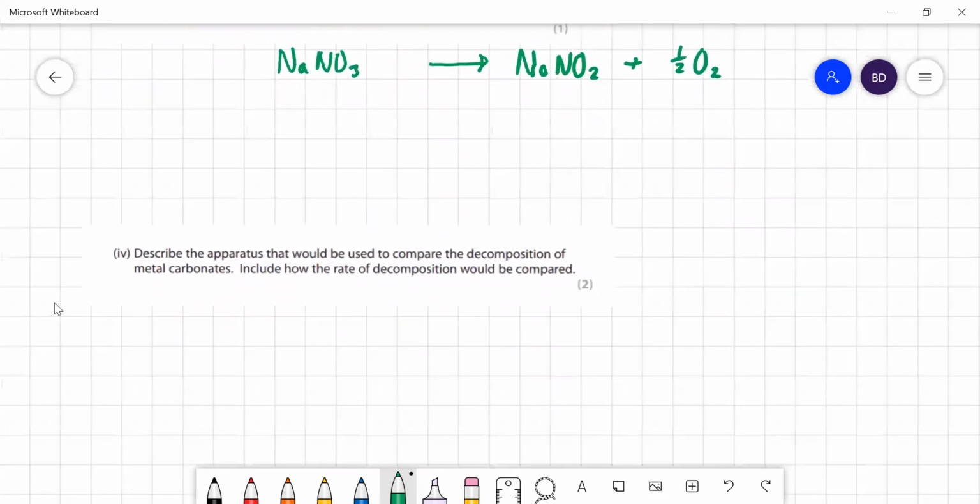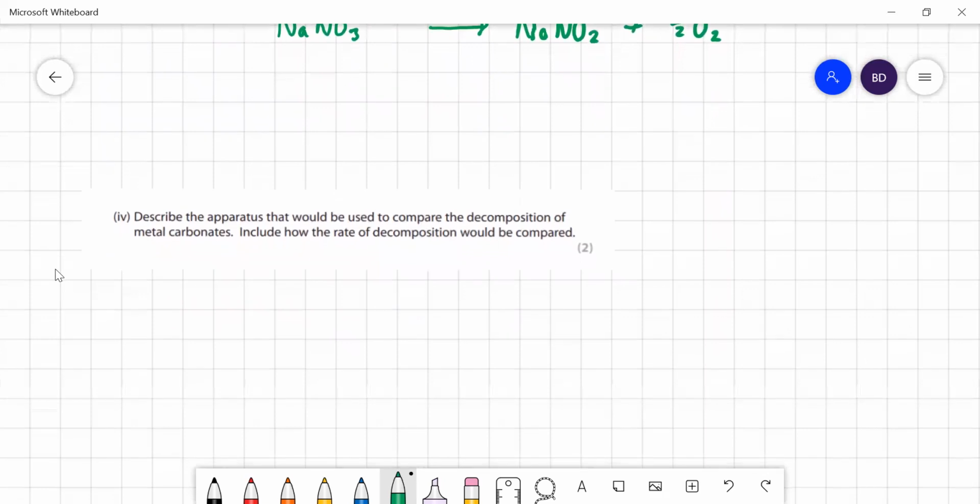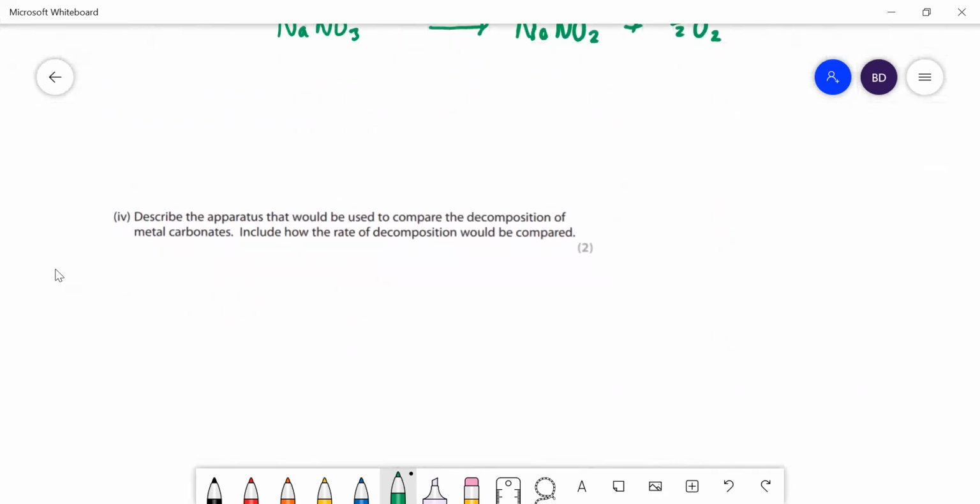Okay, describe the apparatus that could be used to compare the decomposition of metal carbonates and include how the rate of decomposition would be compared. Right, now metal carbonates decompose to give off carbon dioxide gas. Okay, it's only a 2-mark question, so they don't want anything too sophisticated here. So you're just going to decompose the carbonate and then test the gas to see if it's carbon dioxide.